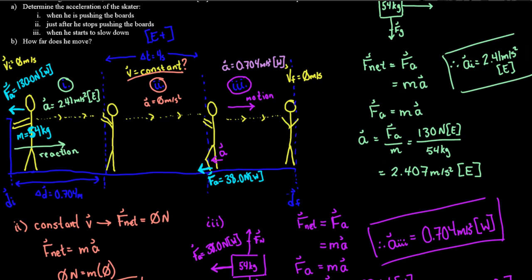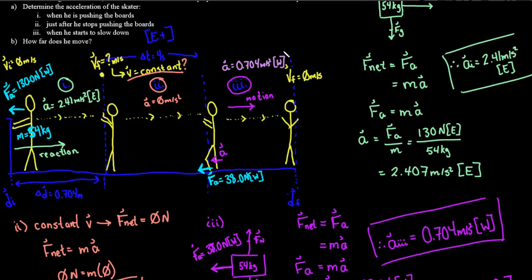So what we can do is at this point right here, after 0.704 meters, we can find what that final velocity is at that point in time. That final velocity then becomes the constant velocity that he travels at for the next 4 seconds.